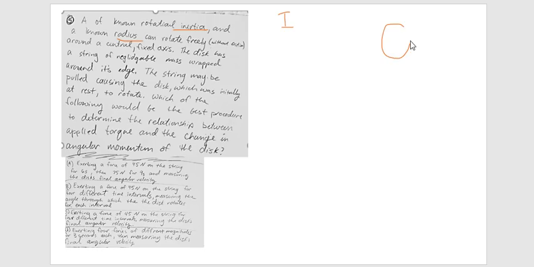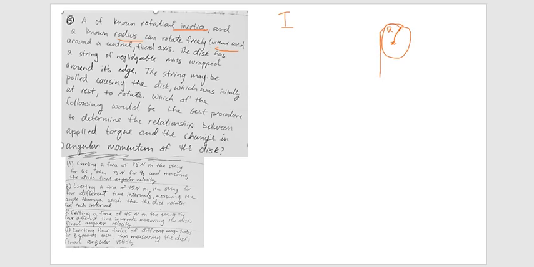I might just actually draw this. You never know, sometimes it's good to draw them. Anyway, it has a known radius, can rotate freely without friction, that's important, around a central fixed axis. So that would be its fixed axis right there. A disk has a string of negligible mass wrapped around its edge. Okay, so it's like a yo-yo.